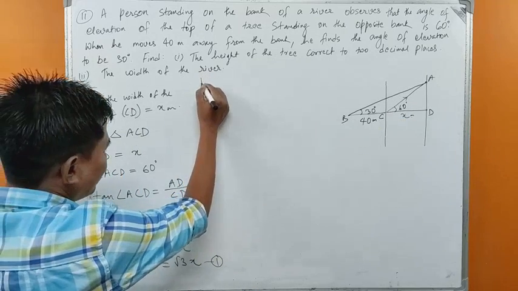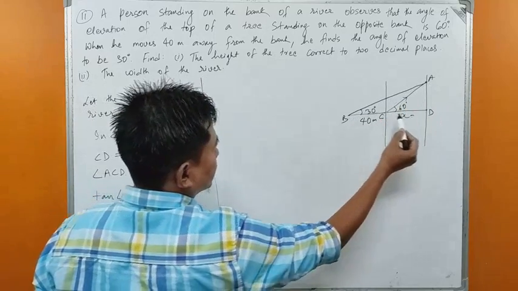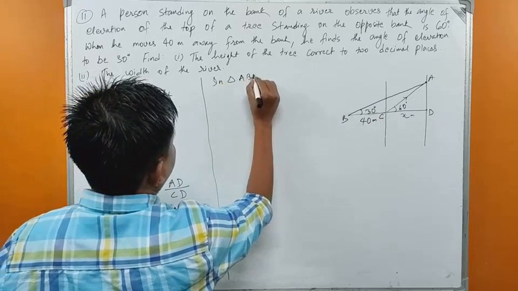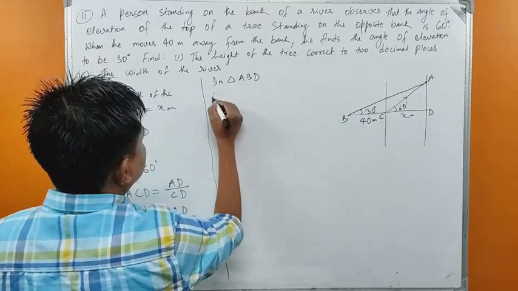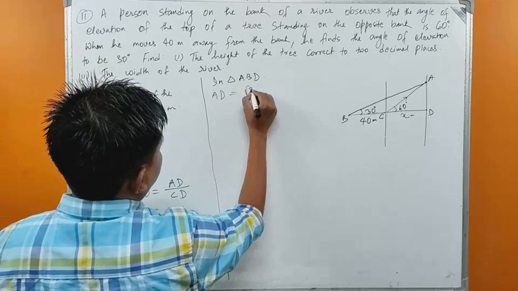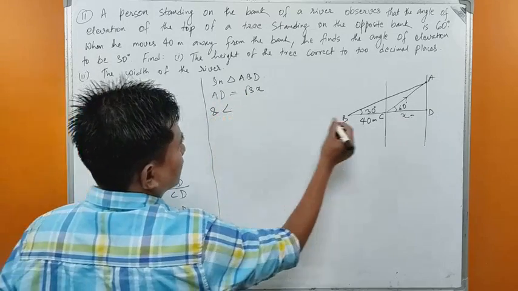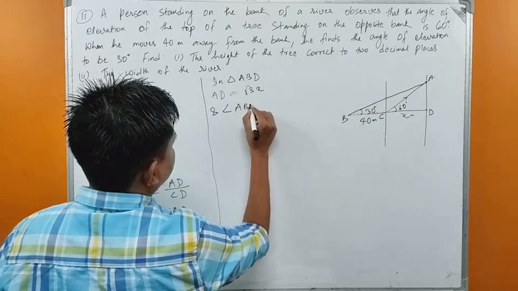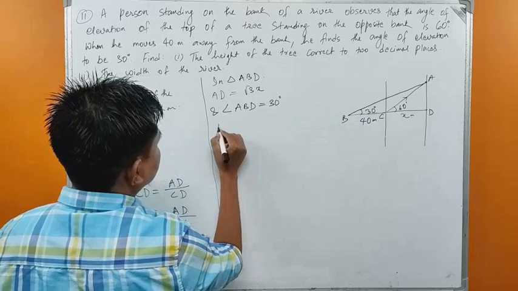So let us see the bigger triangle. In triangle ABD, AD is the height of the coconut tree, AD equals root 3x, and angle ABD equals 30 degrees. So let us apply tan theta.